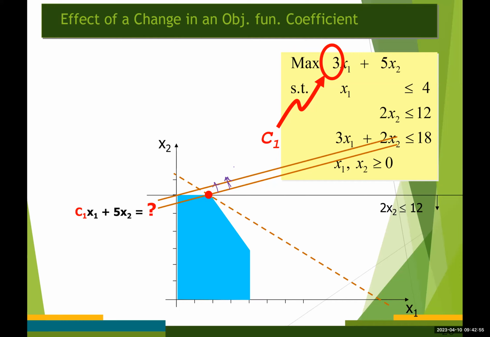And now we know the new optimal point appears right here, point C, where the isovalue line touches the feasible region.